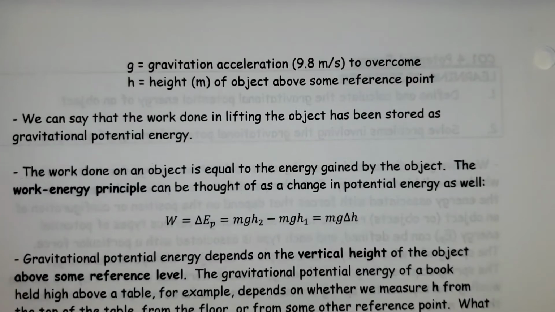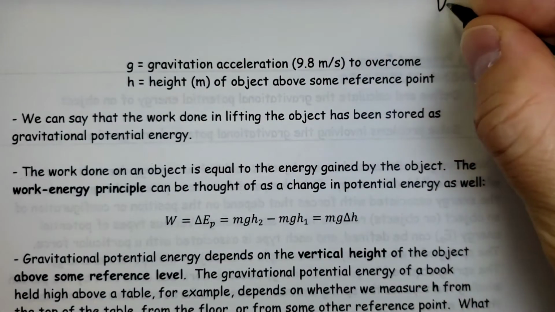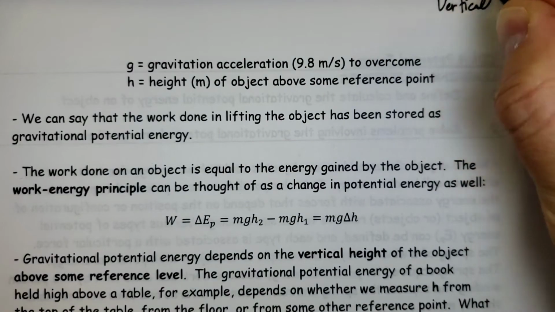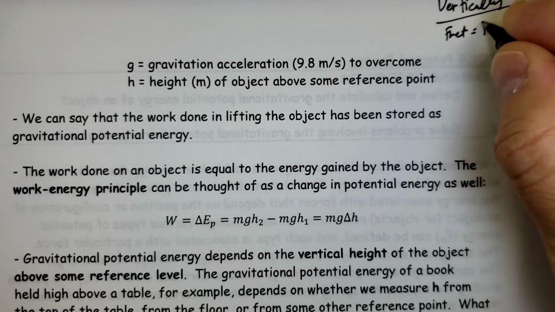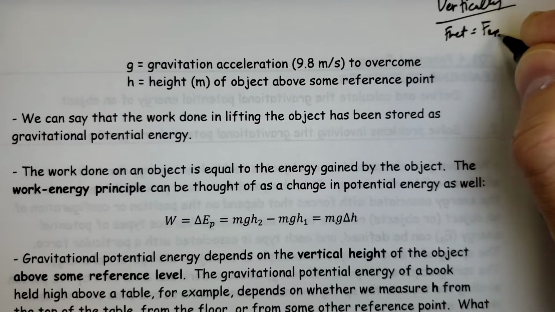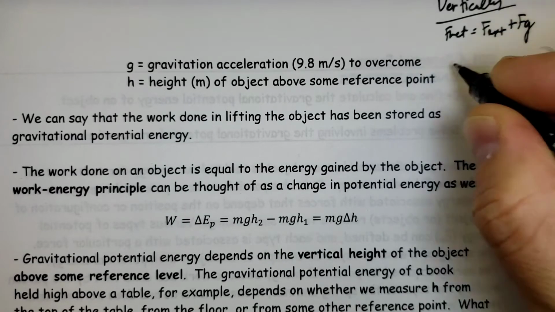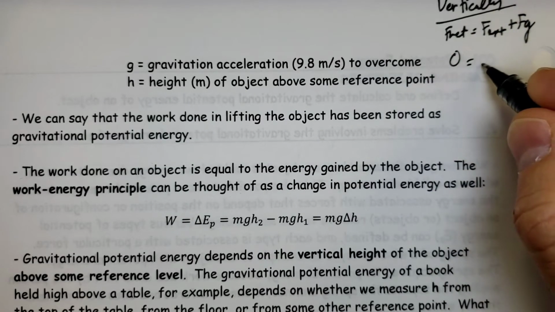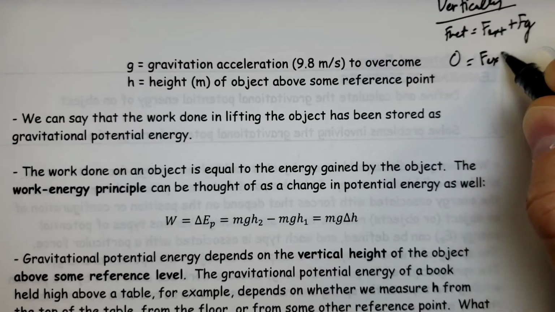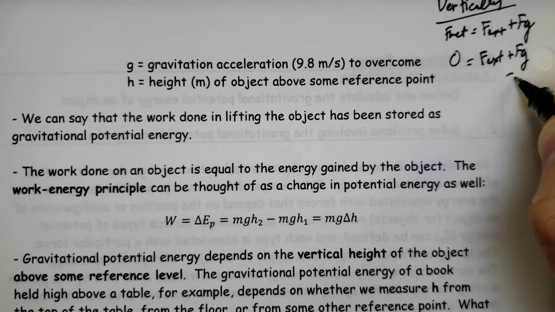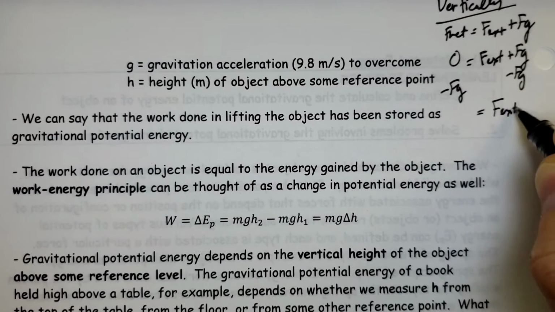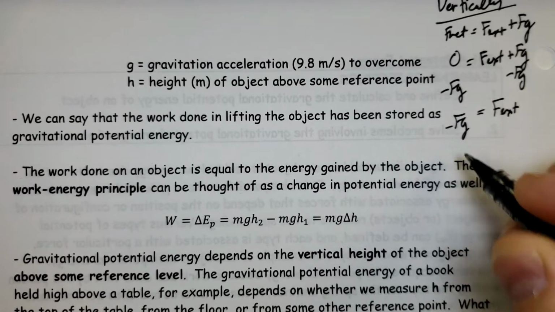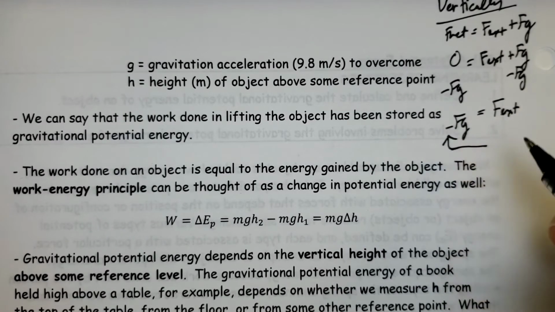Now notice here I put in the positive 9.8 because we know vertically F net is equal to F external plus Fg. So if I minus Fg from both sides, the force that I need to apply is equal to the opposite of Fg.